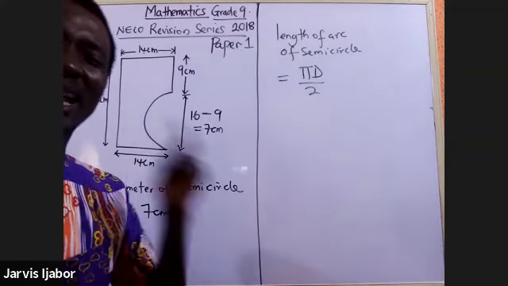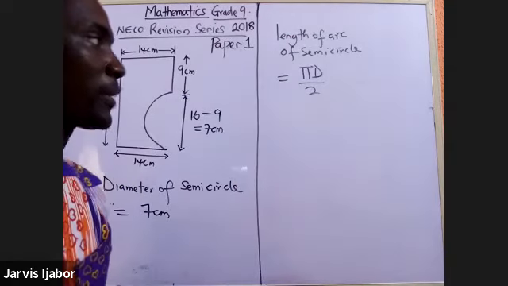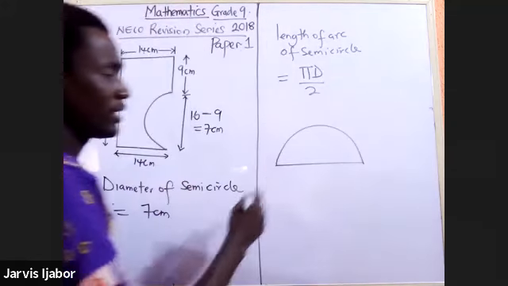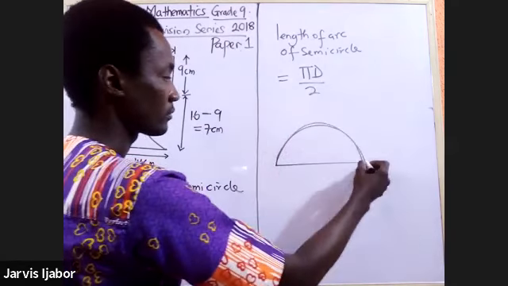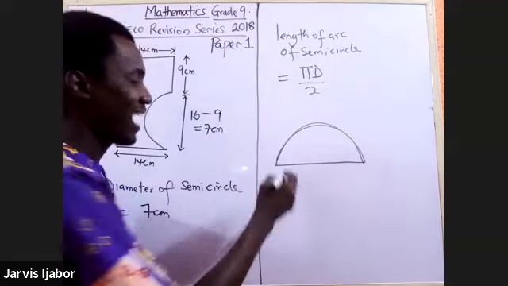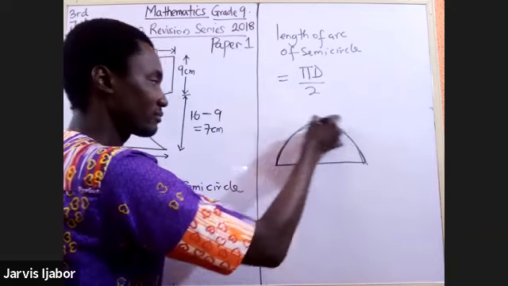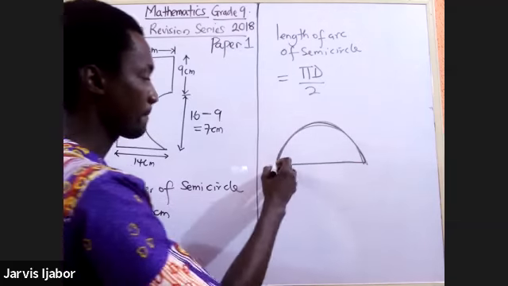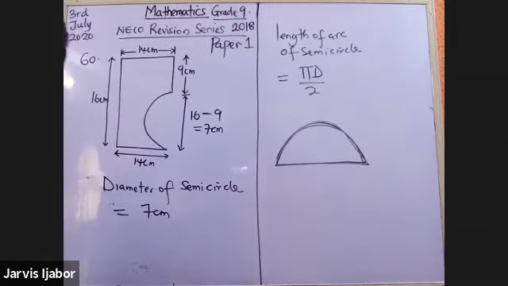If I say perimeter of a semicircle, I've started shooting my leg. Let me clear the air. If I say perimeter, I mean this. If I say arc, I mean this. So arc, perimeter. Take note of the difference.